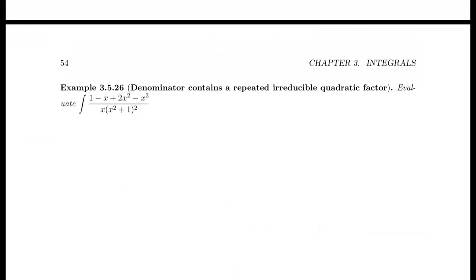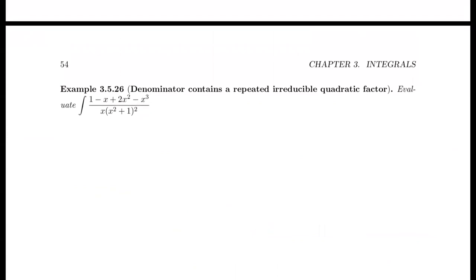But instead of just having the constant term divided by x minus a to the n, we're actually going to be having ax plus b divided by the irreducible factor, plus cx plus d divided by the irreducible factor squared, and so on.